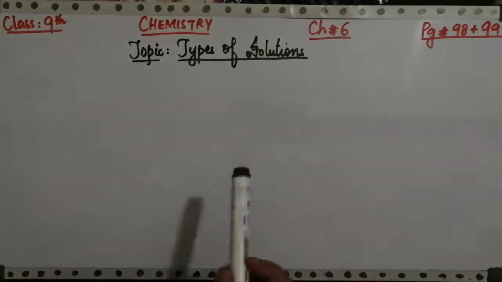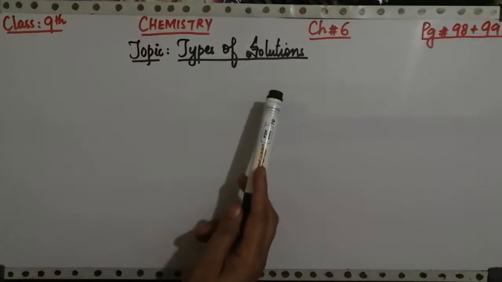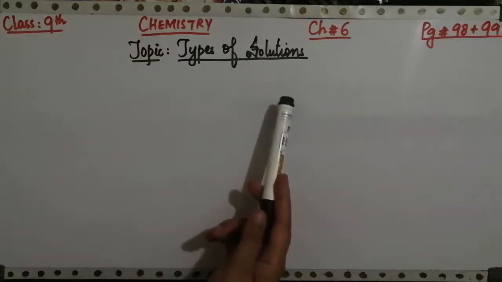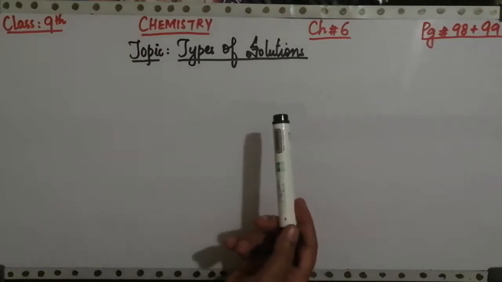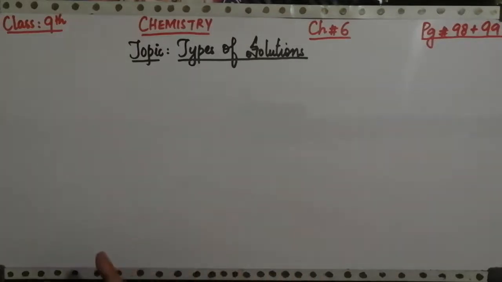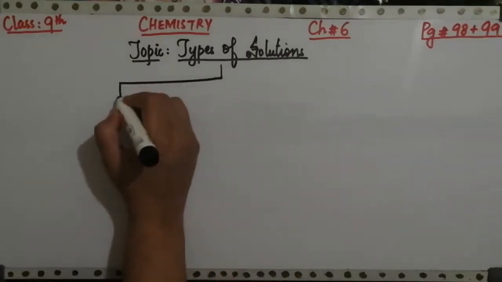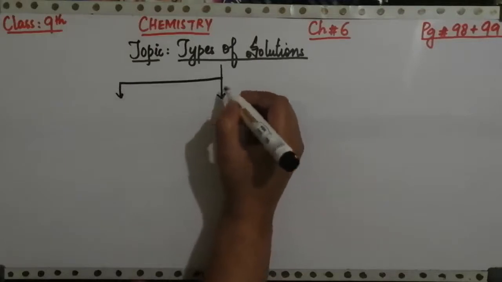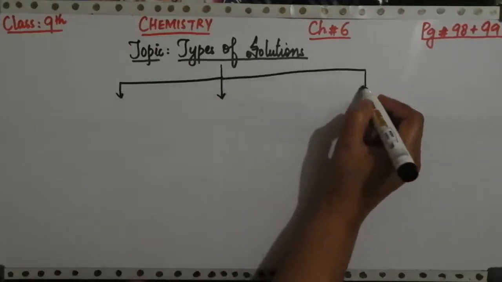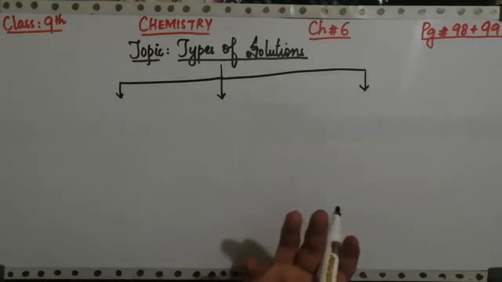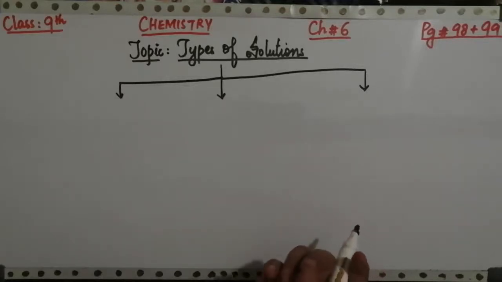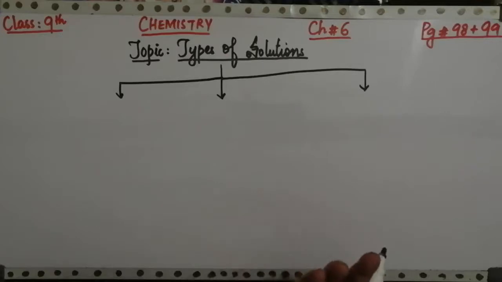Now, depending upon different types of solution, we can categorize or classify solutions on different bases. For example, there are 3 main types of solutions. So, what are the main types of solution we have? There are 3 main types of solution depending upon the solubility of the solute that is dissolved in a given solvent at a given temperature.